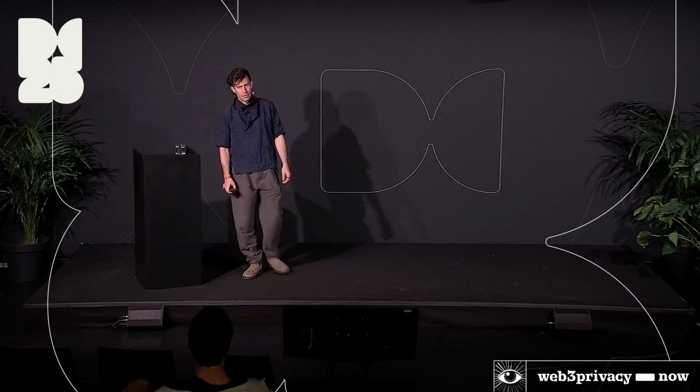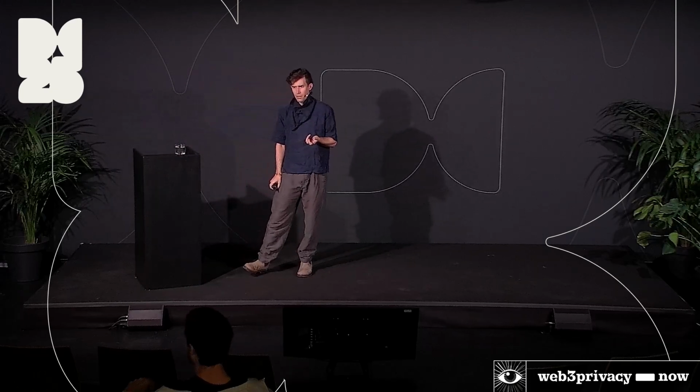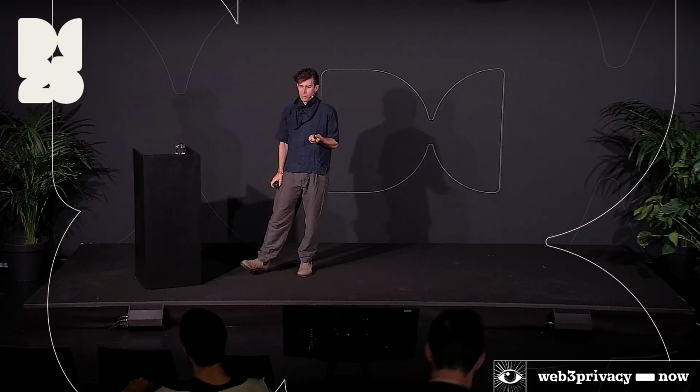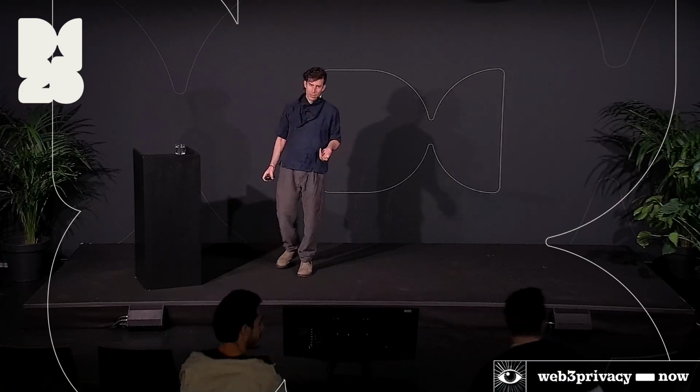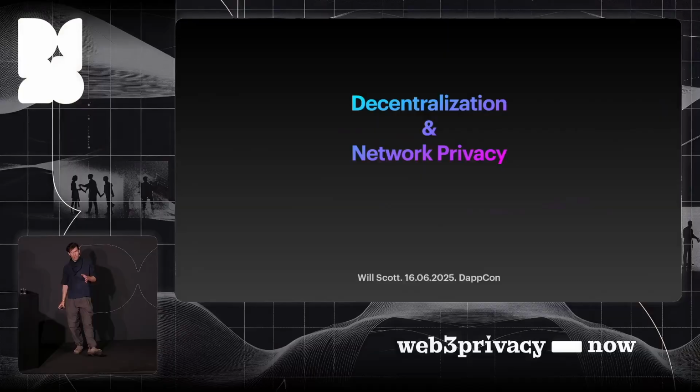So I'm going to give this talk on navigating decentralization and the network layer, and talk through the common choice that you have to make in thinking about what is a step towards a more peer-to-peer, permissionless, or decentralized network.